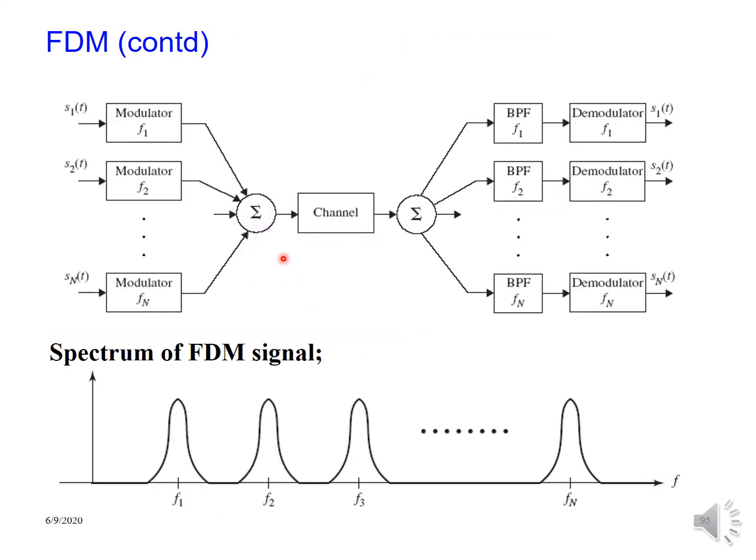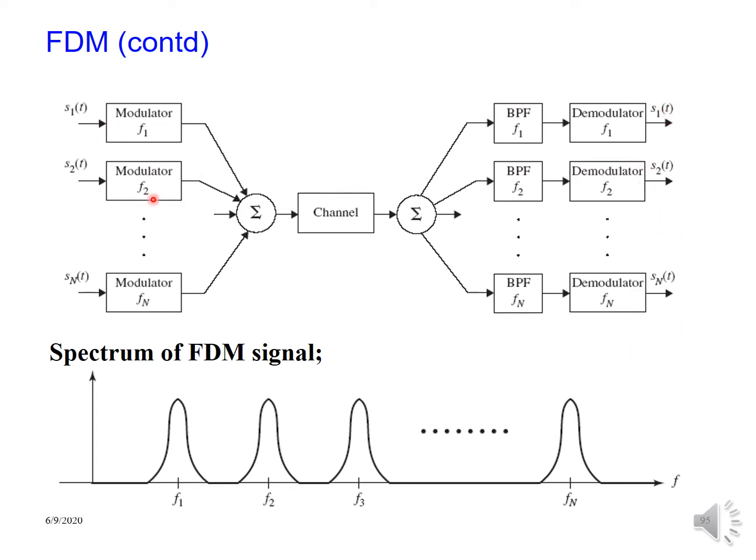Let's say we have signal 1 with frequency F1, and then the second one F2 until Fn. All of these will be multiplexed here in one channel, which can be wired or wireless, as we learned in chapter 1. And then at the demodulator part, we call it demultiplexing. The band pass filter will only recognize the first frequency, and the second with another band pass filter, until the end. This process goes to the demodulator and we get the original signals back.